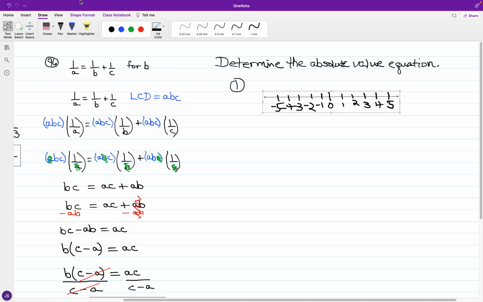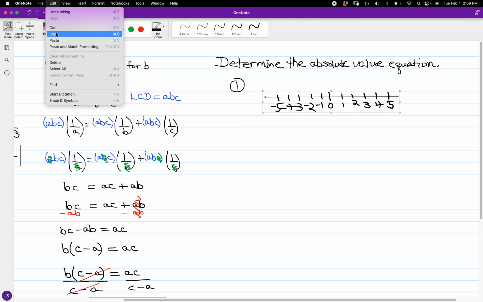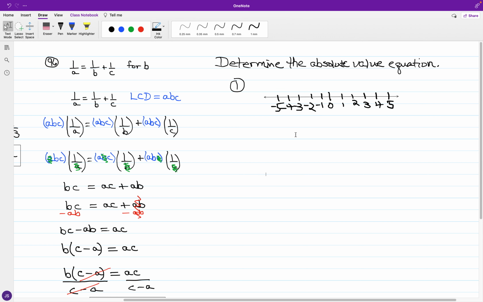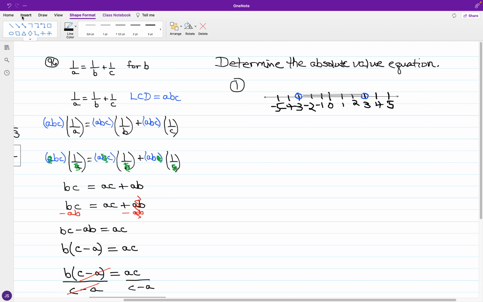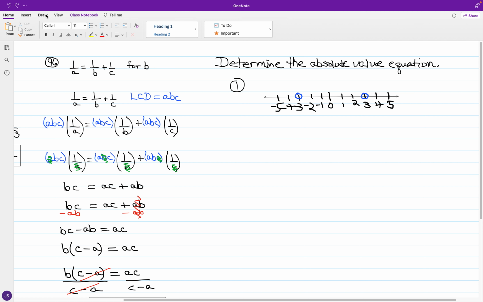Now let's say I have a graph, and I'll just say I have a couple of open circles on negative and positive 3. And we'll say those circles are going to be connected by a line segment.